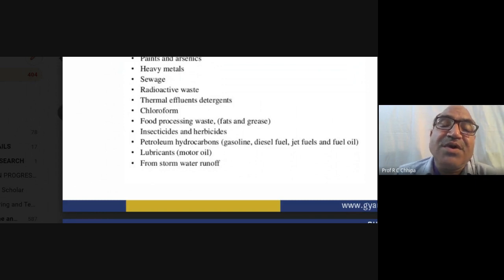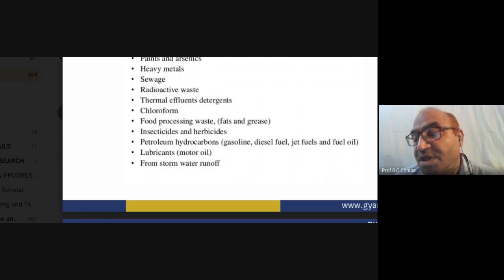Here the detergents include linear alkyl benzene and chloroform, then food processing waste, in which we have fats and greases, then we have insecticides and herbicides. Petroleum hydrocarbons we have earlier discussed: gasoline, that is petrol, diesel, jet fuels, and fuel oil. These are examples of petroleum hydrocarbons.